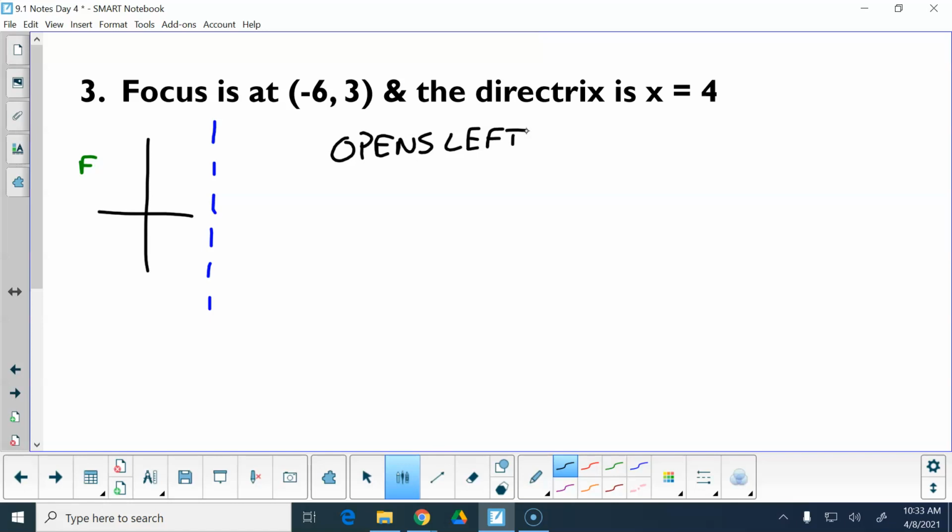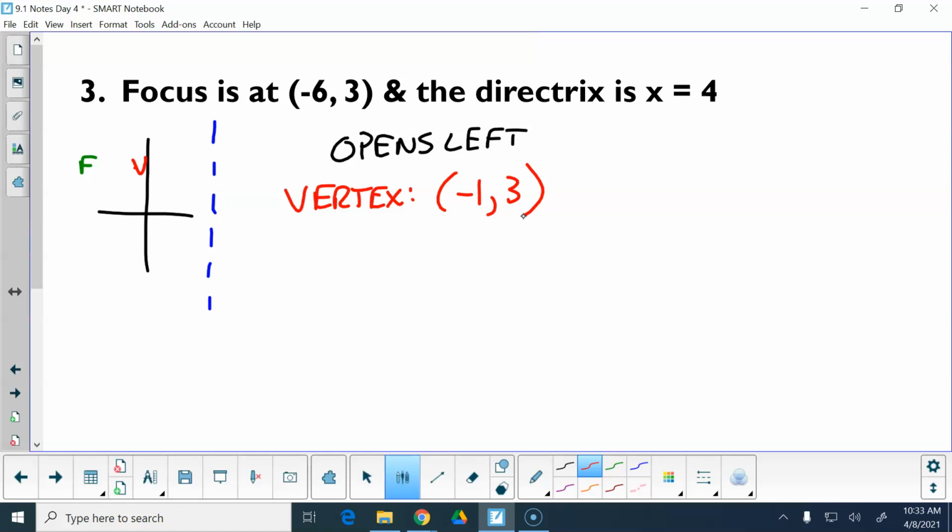Where's the vertex? The vertex is halfway between the focus and the directrix. Okay, so it's halfway. So if this is 6 and then this is 4, that means it would be right in here, right? At negative 1. Okay, so my vertex is at negative 1, 3.